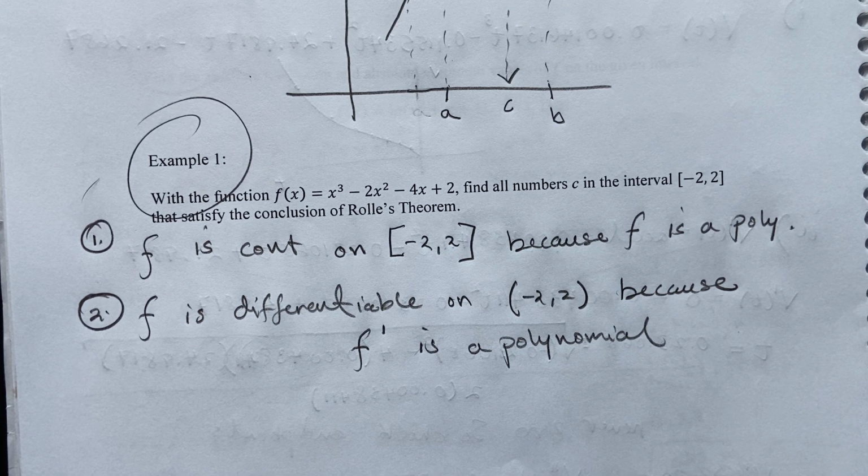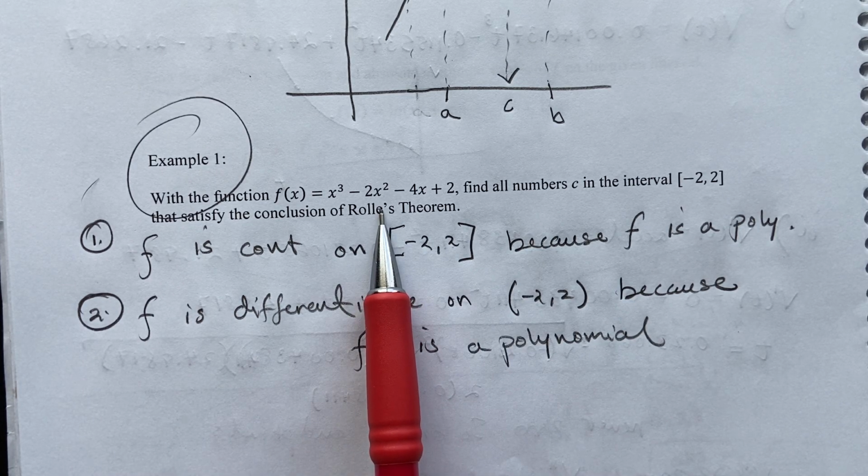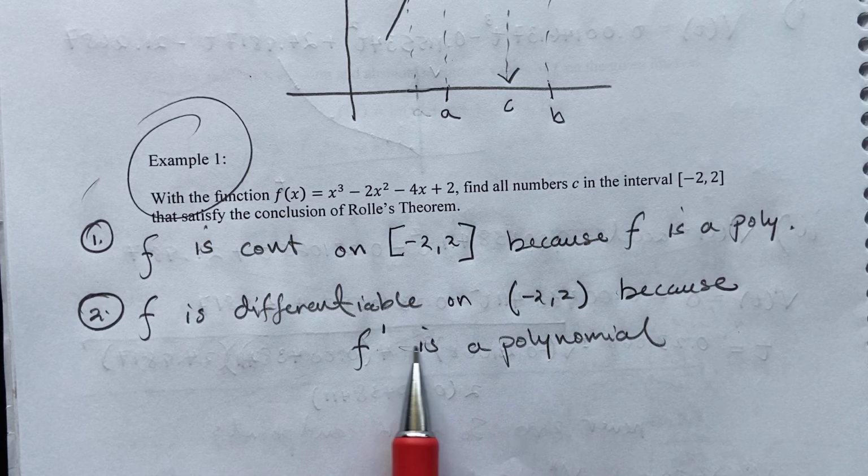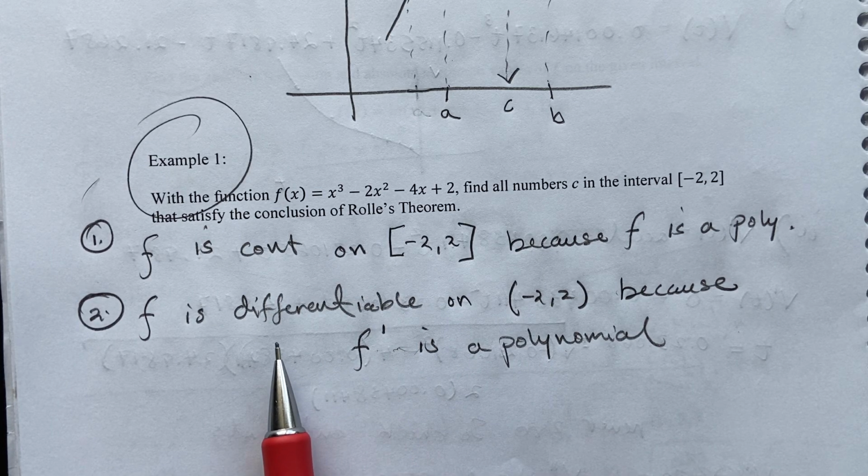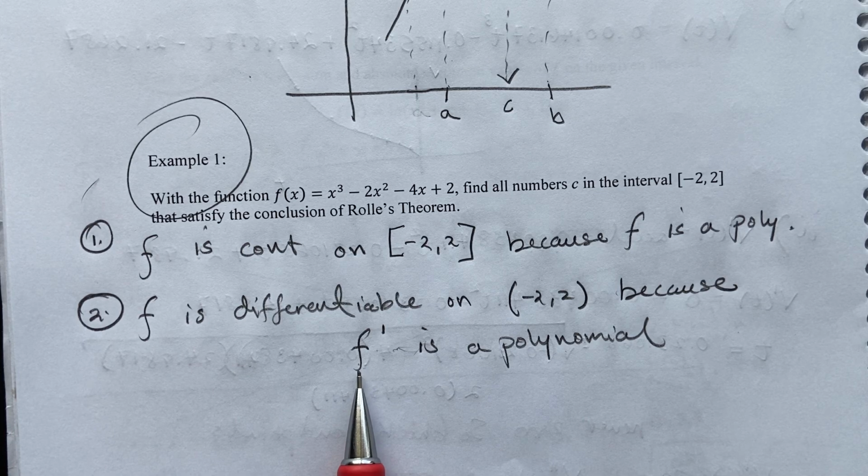Okay, since f is a polynomial, f prime would therefore be a polynomial, so f prime would not be undefined anywhere. In other words, f prime is defined everywhere. So number 2 is met.